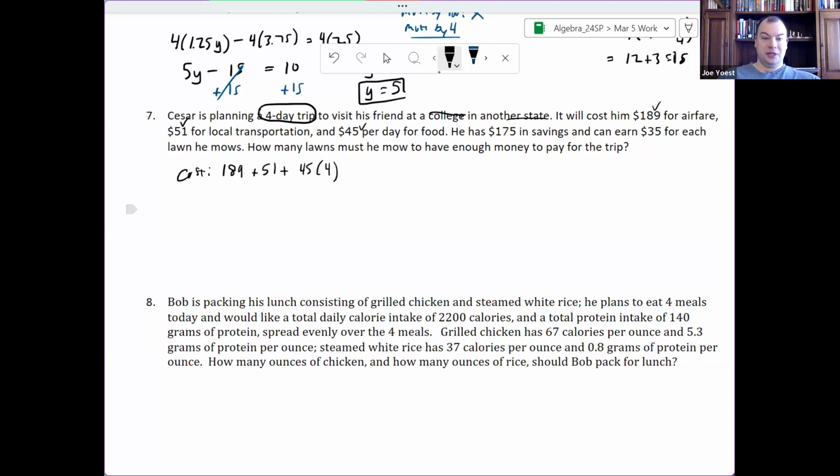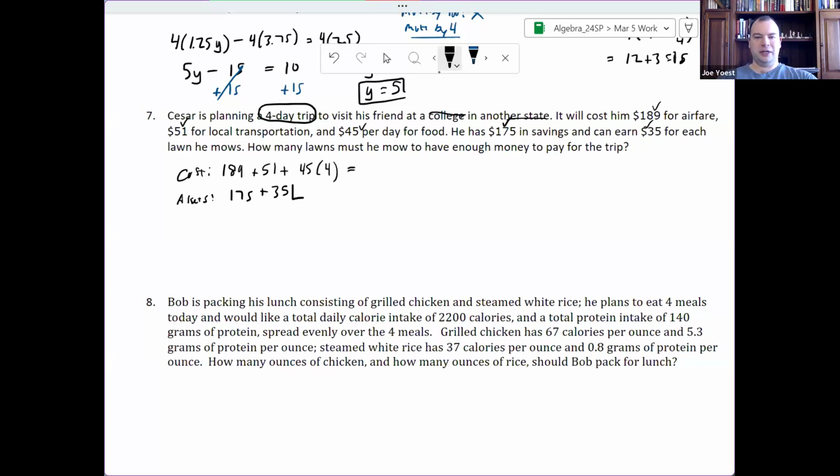And what he has, basically his assets, his cash is 175 plus 35, let's say times L, where L is the number of lawns that he mows. If he has enough assets, enough cash to cover the cost, he is good.